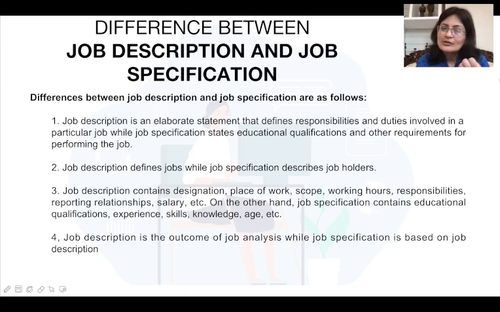Job description is for the non-living thing, job specification is for the living person. That is the difference. Job description contains designation, place of work, scope, working hours, responsibilities, reporting relationships, salary, etc. On the other hand, job specification contains educational qualifications, experience, skills, knowledge, age, etc.